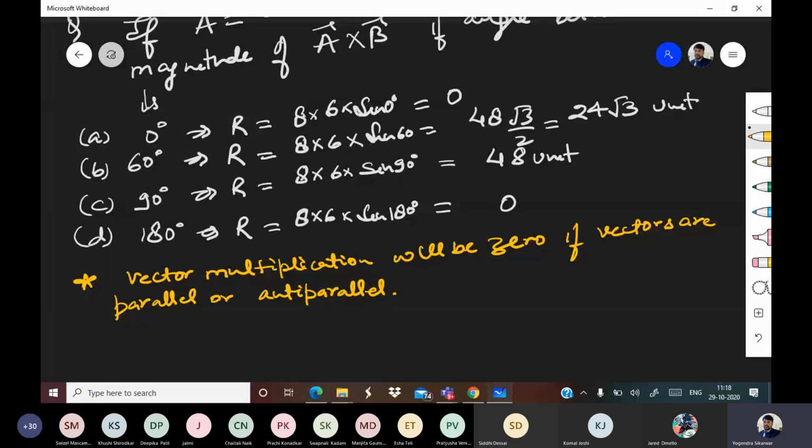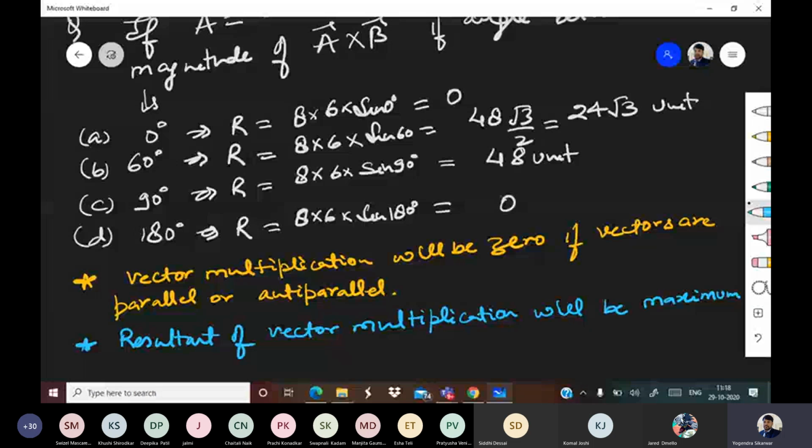Number 2, the resultant of vector multiplication will be maximum if the angle between them is 90 degree.